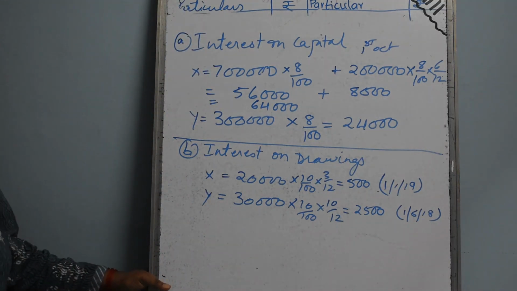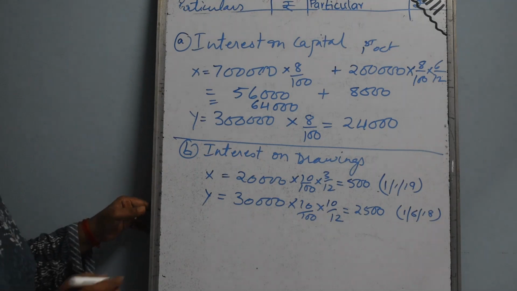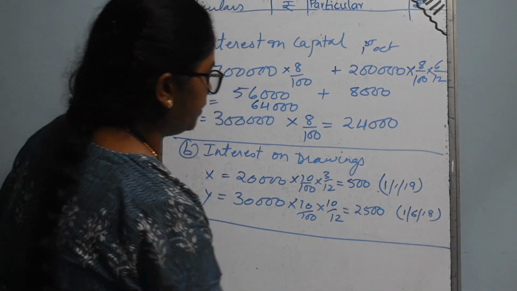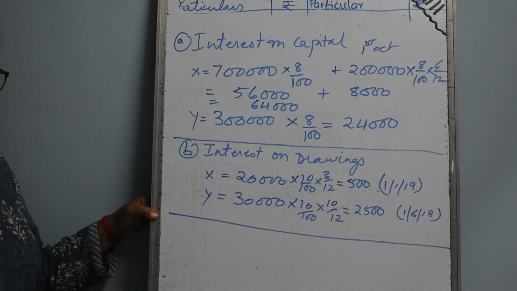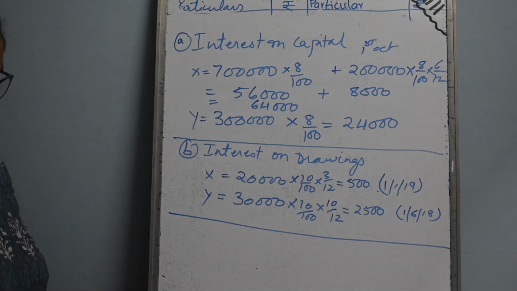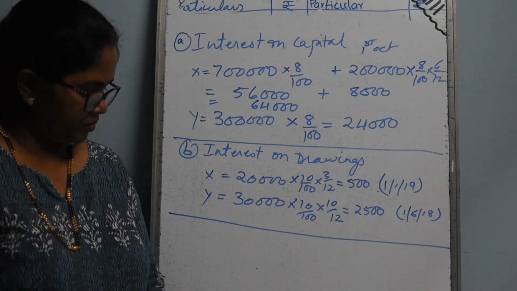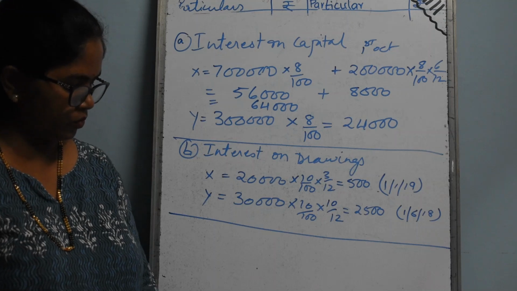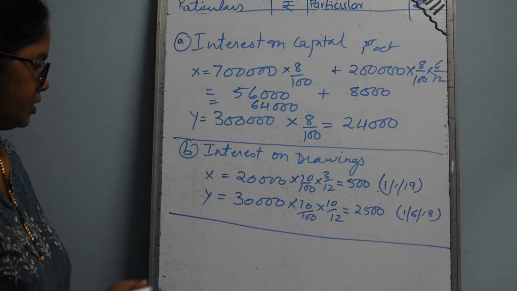So we have calculated the working notes for interest on capital and interest on drawings. Next we will see commission. Mr. Y is entitled to a commission of 2% on the turnover.